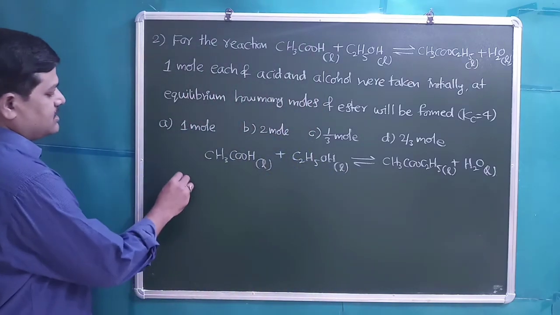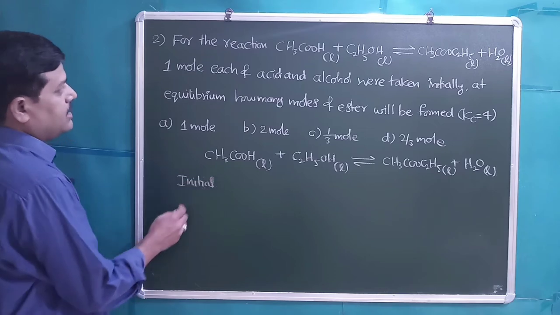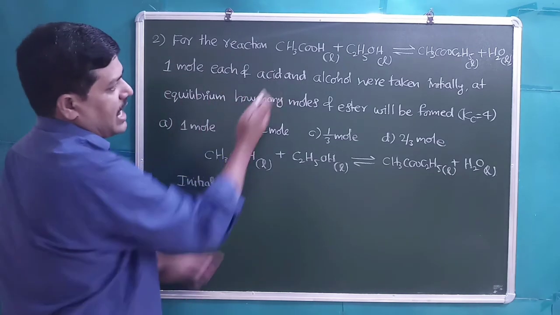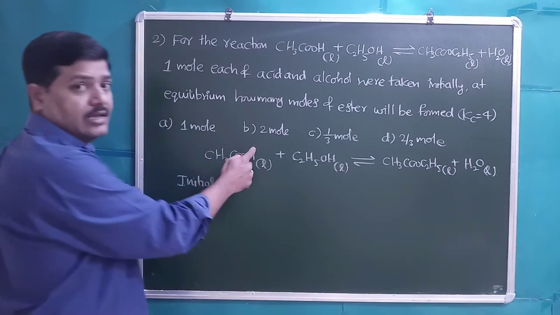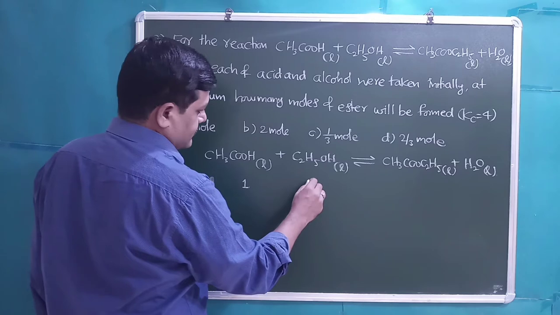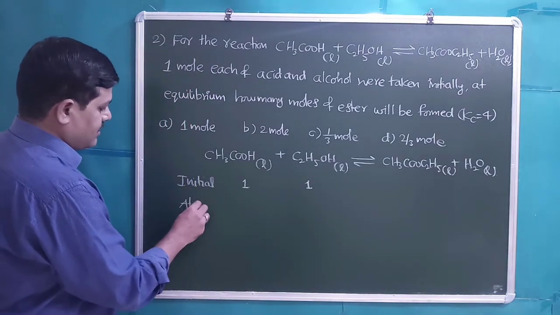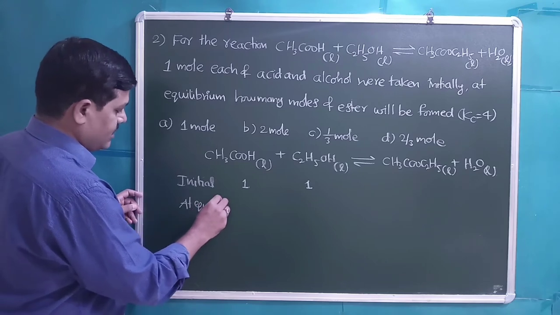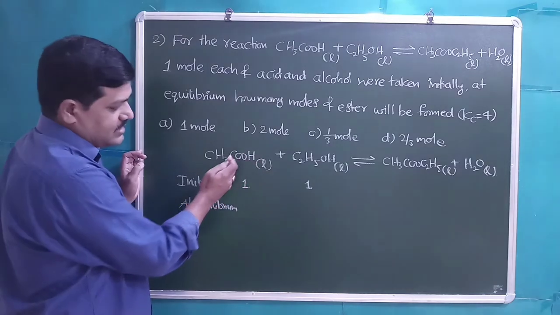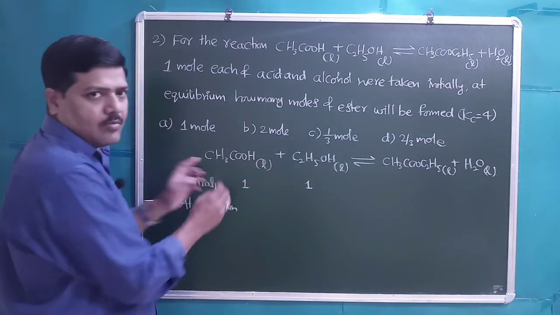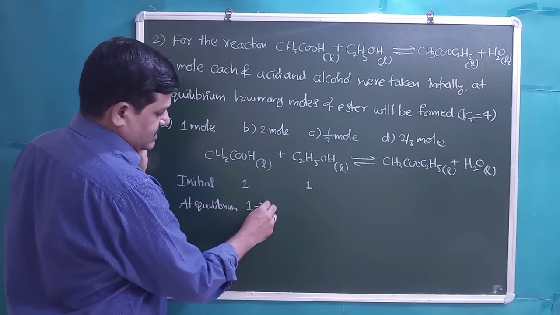Initially it is given that 1 mole each of acid and alcohol were present. So 1 mole of carboxylic acid and 1 mole of alcohol were present. At equilibrium, let us assume that X moles of acid is reacted. Remaining moles of acid at equilibrium is 1 minus X.